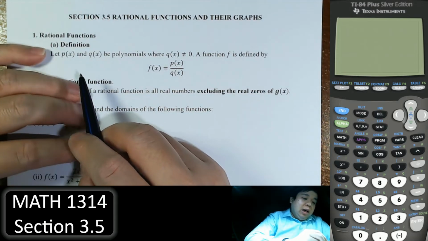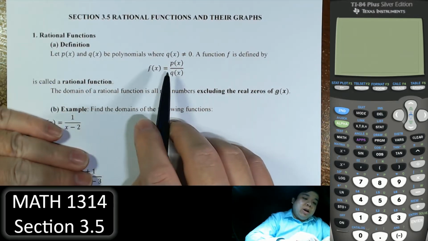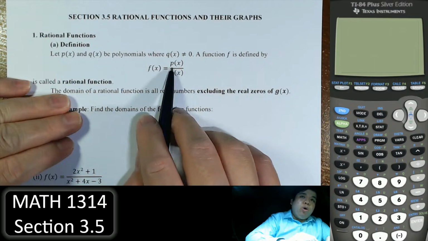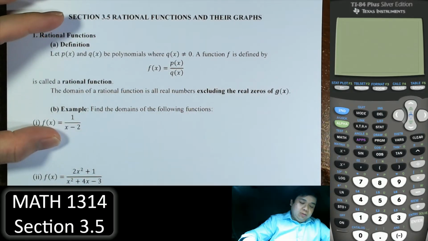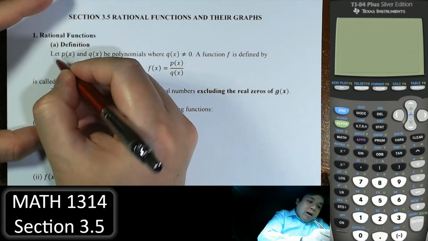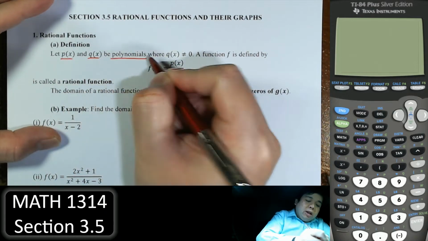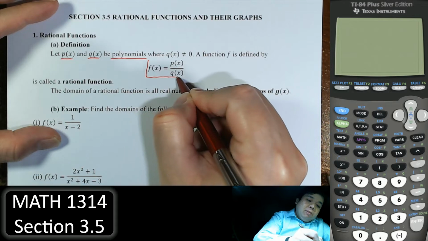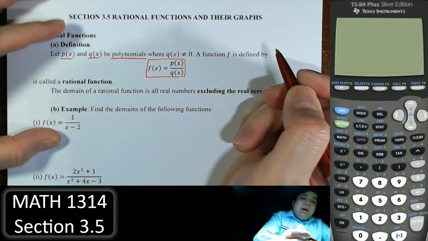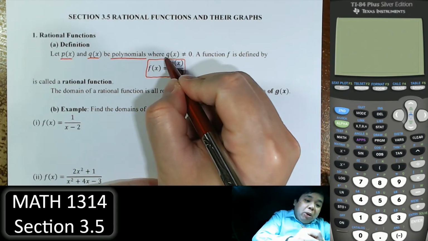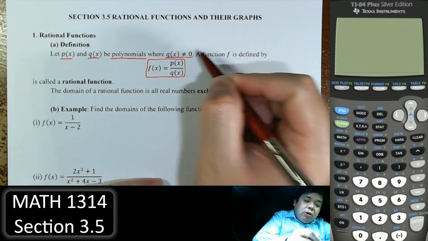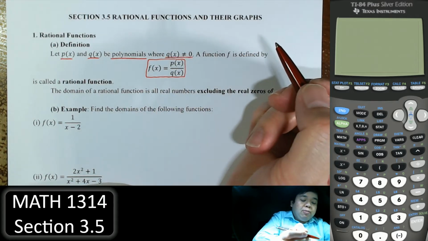Rational function. A rational function is a ratio of two polynomials. So we have p of x and q of x are polynomials, and we divide them. Since we divide them, the denominator cannot be equal to 0, otherwise it will be undefined.